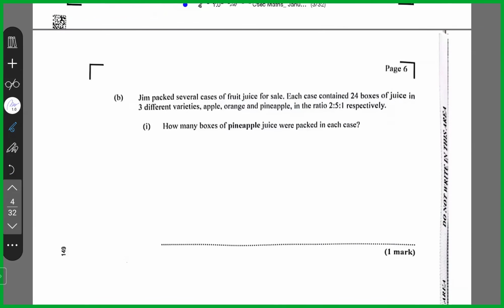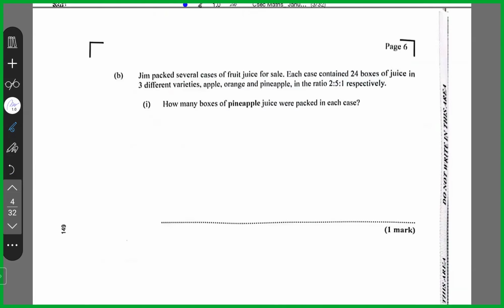All right, so B says Jim packed several cases of fruit juice for sale. Each case contained 24 boxes of juice in 3 different varieties: apple, orange, and pineapple in the ratio 2 to 5 to 1.